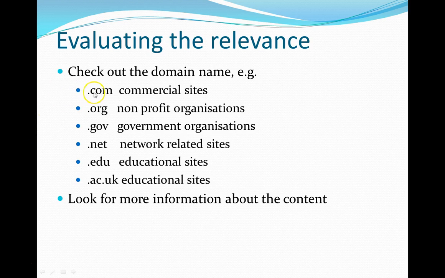But generally we would advise against using .com sources. .org and .gov are generally a little bit more reliable, but particularly with government organisations, they're not always completely truthful. Perhaps they tell you things that are true, but are they telling you the whole truth? You need to decide that.